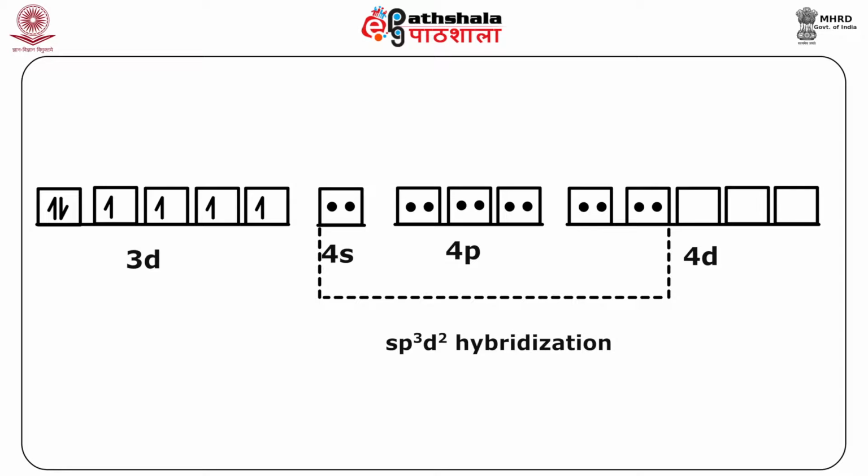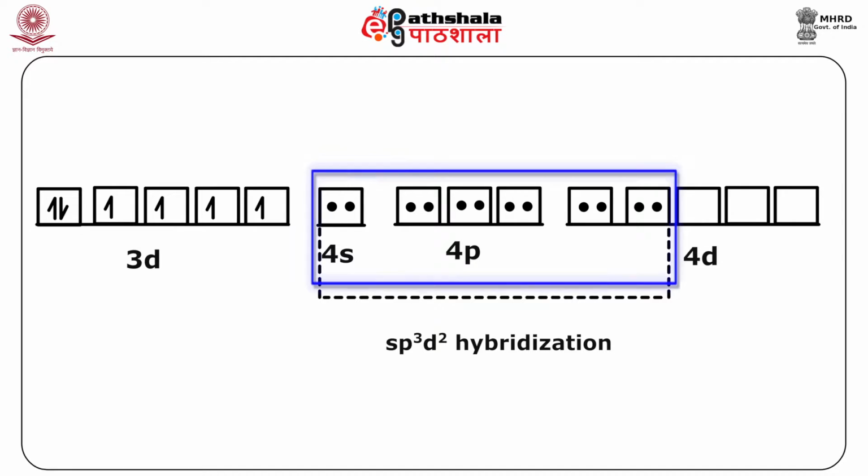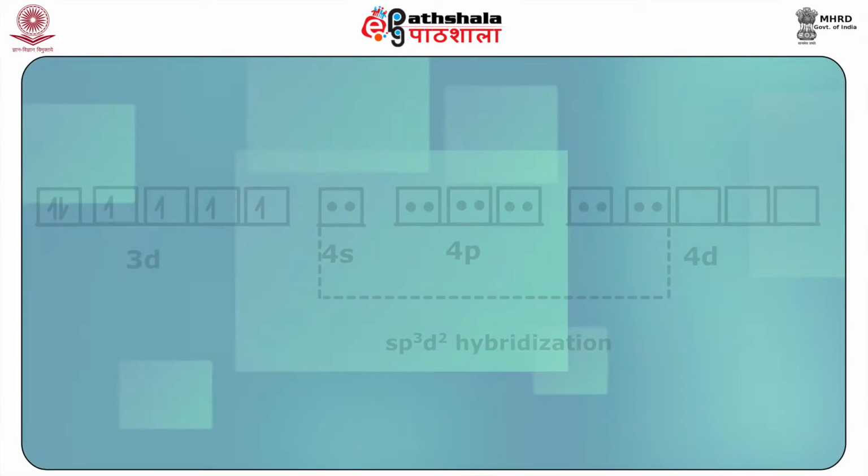All the 6 orbitals hybridize to form 6 equal energy sp3d2 hybridized orbitals. So before complexation, one 4s, three 4p and two 4d orbitals hybridize and provide 6 sp3d2 hybridized orbitals, in which every water ligand provides a pair of electrons.